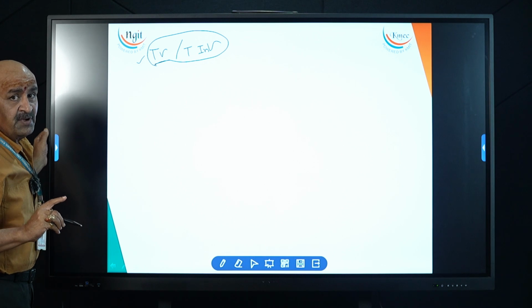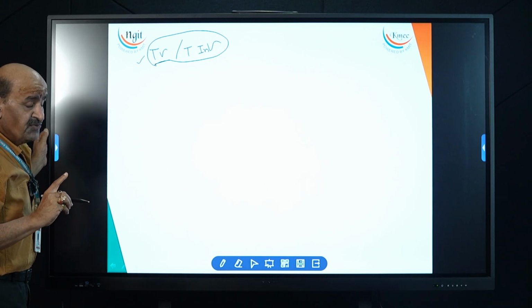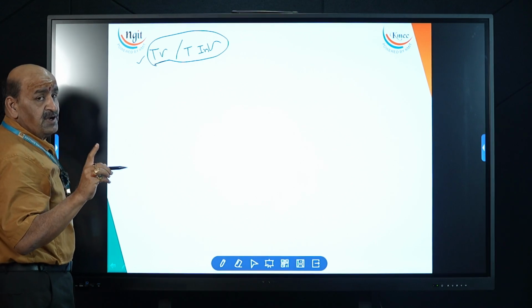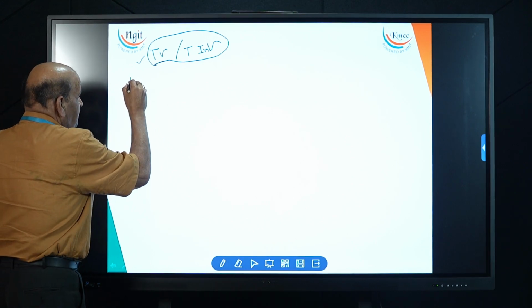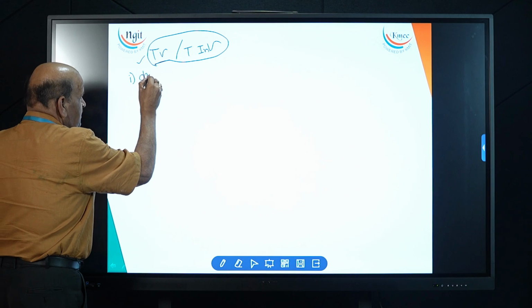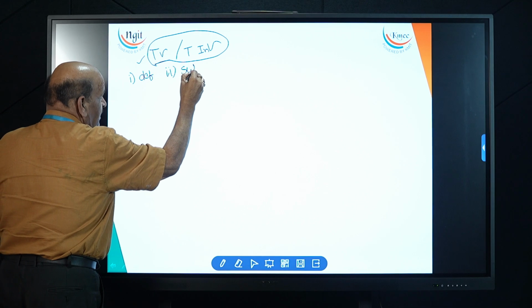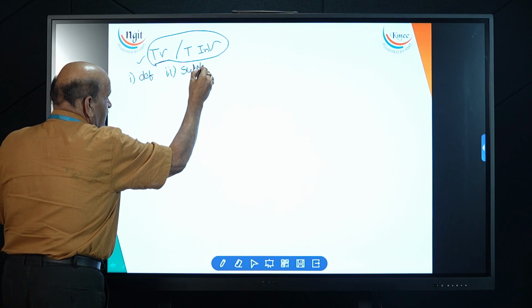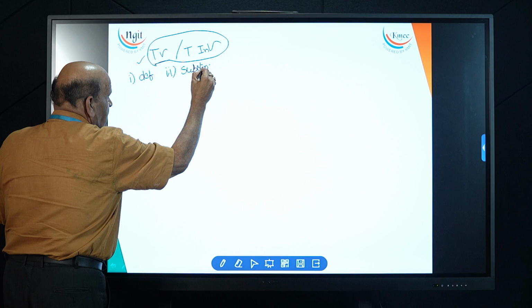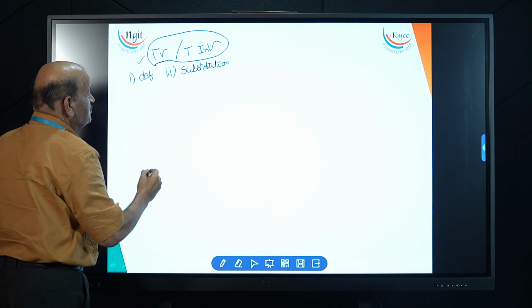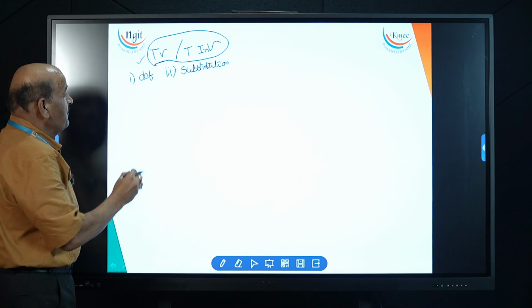Again I am telling you, to decide whether it is time variant or time invariant, students have to follow two important steps. One is as per the definition. The second step is as per the substitution. So these two steps you have to remember.